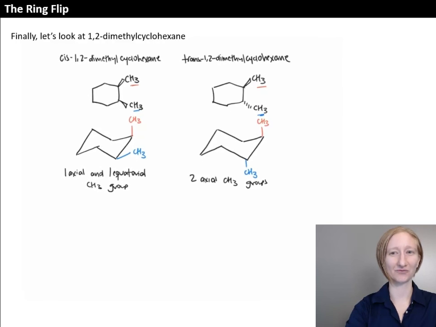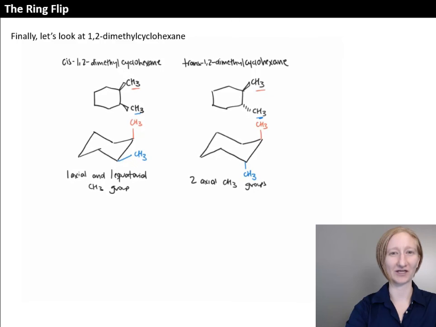Okay, now let's do a ring flip to draw the other conformation of each ring. We'll start with the cis disubstituted cyclohexane. After I do the ring flip, I find that I still have one group axial and one group equatorial. So for the cis disubstituted cyclohexane, both conformations have the same energy because they both have one axial and one equatorial methyl group.